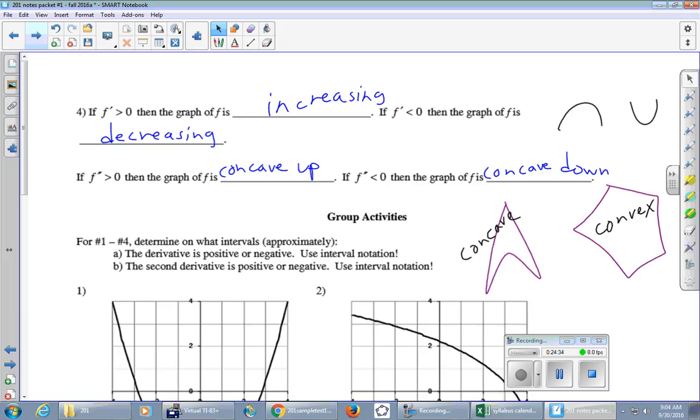Okay. All right, so the second derivative in and of itself is not a complicated concept. It's just a derivative of the derivative. We discover here it doesn't have to do with increasing and decreasing, but rather with concavity, concave up and concave down.